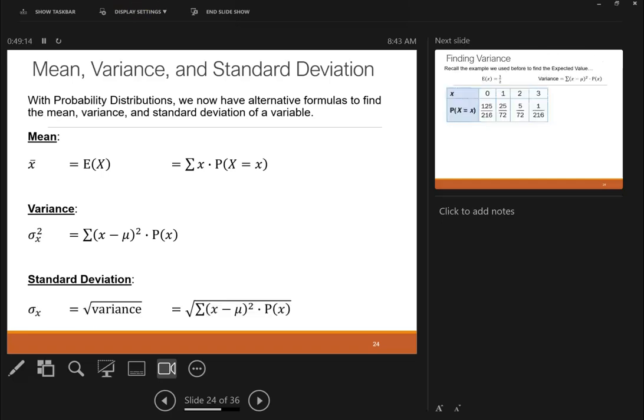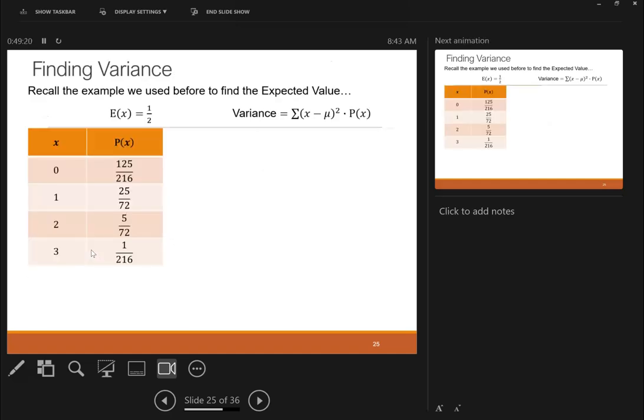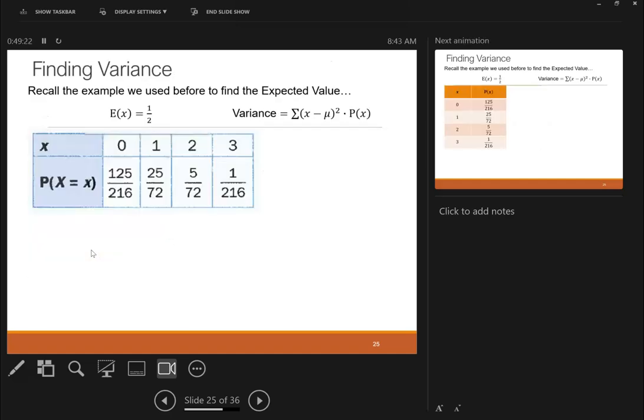All right, let's go back to the example we were looking at, and find the variance, and after that, the standard deviation. I wrote down the expectation that we calculated earlier.